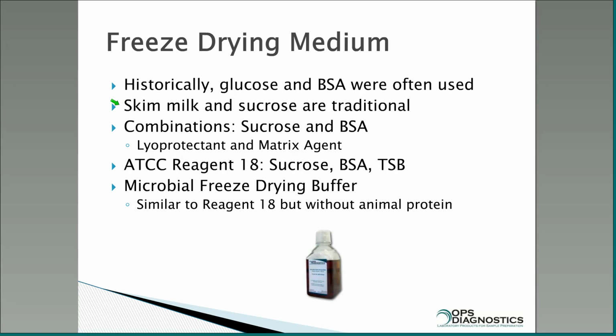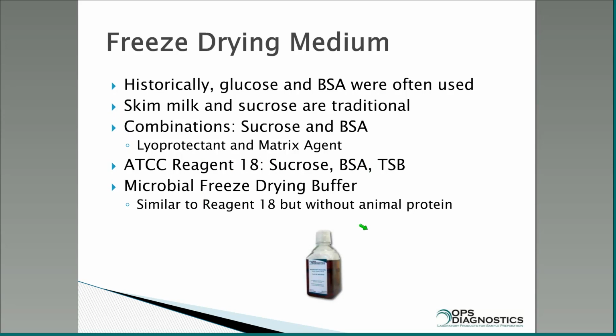So what you really want is a combination like sucrose and BSA, which is what's in the ATCC solution reagent 18, and that's similar to what we use. Like I said, reagent 18 has sucrose, BSA, and tryptic soy broth. Our version is essentially the same, but we take out the animal protein.